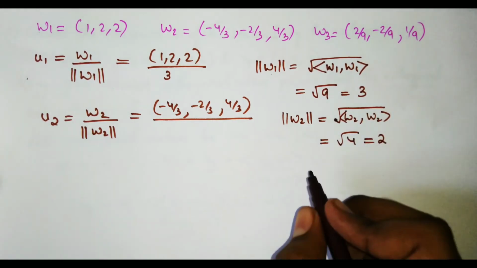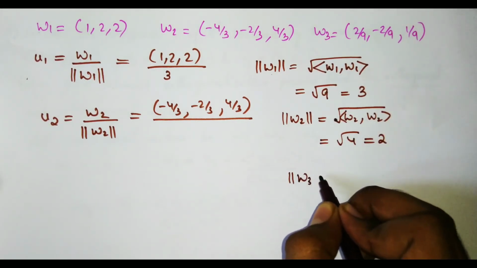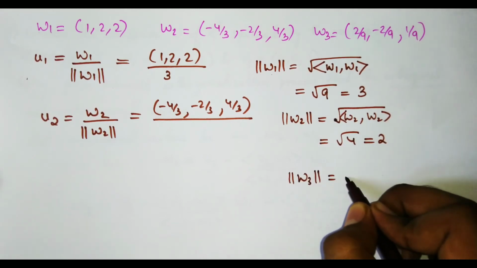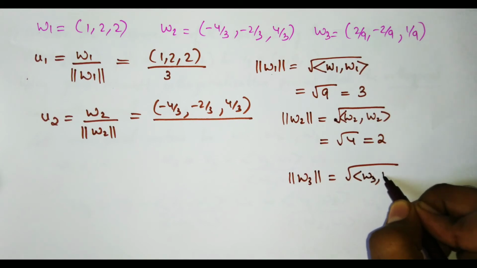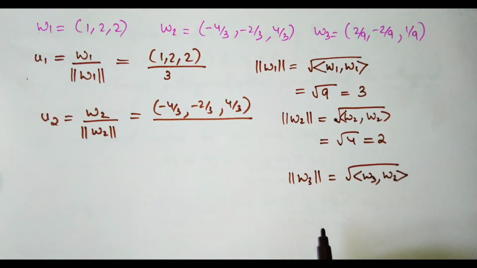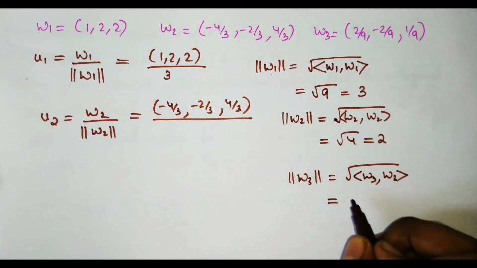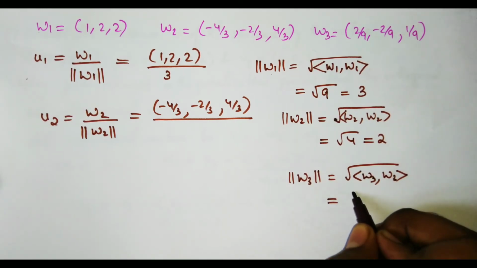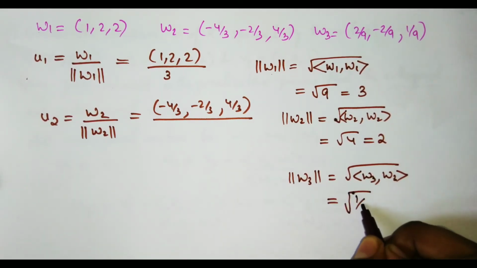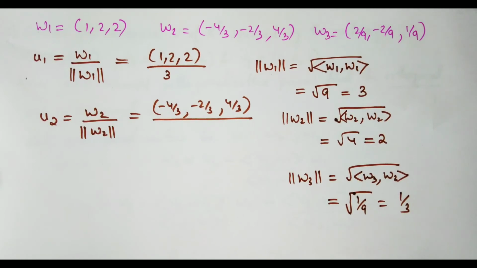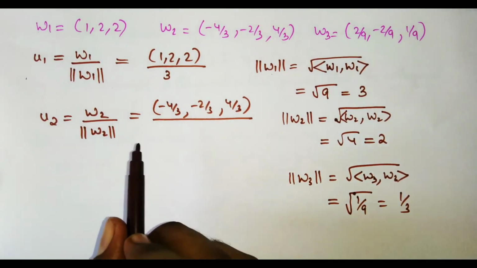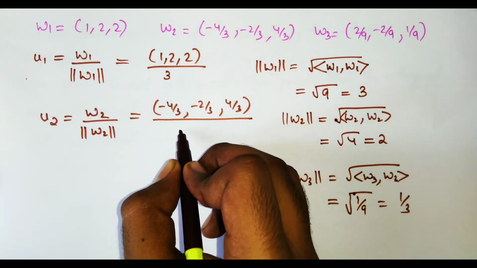We'll write off the norm of w3 also because we need it. The inner product of w3 we have not found out, so you can find it using the normal method. It is 1 by 9, so the square root of 1 by 9 is equal to 1 by 3. These are the values that you need to substitute over here. The norm of w2 is given as 2.